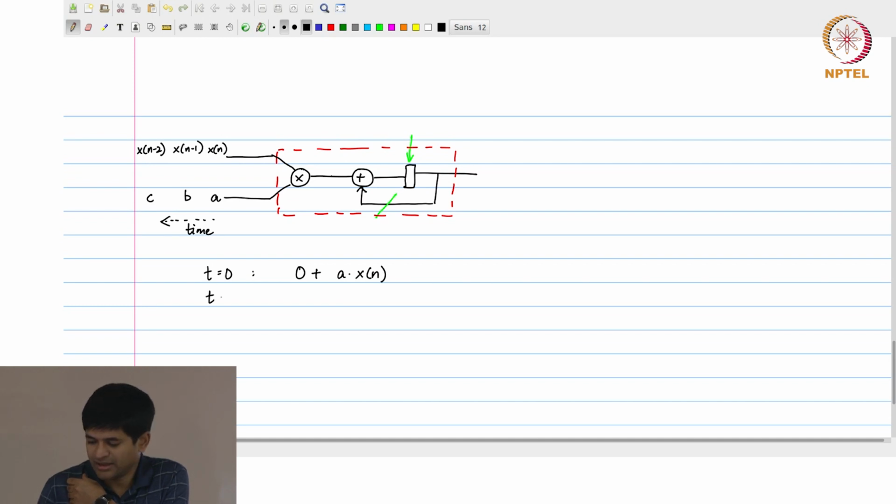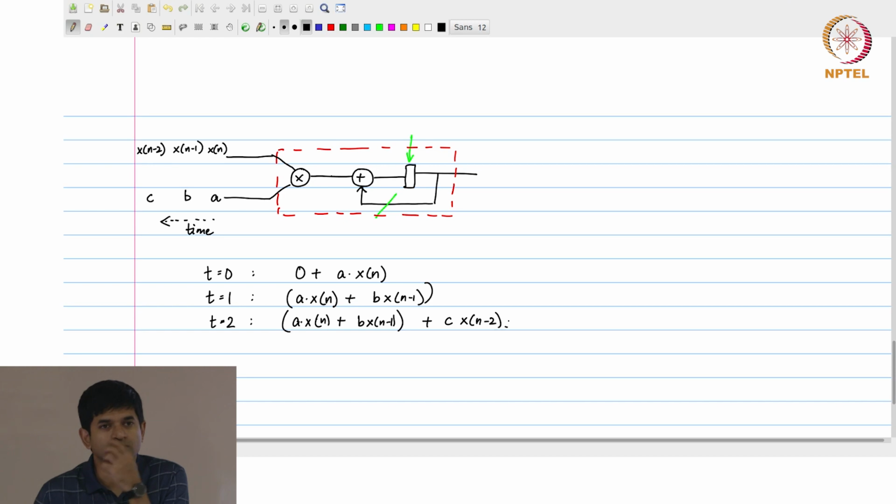At t equal to 1, I will do that sum, whatever was already there, plus b into x of n minus 1, and at t equal to 2, I will do this sum plus c x of n minus 2.